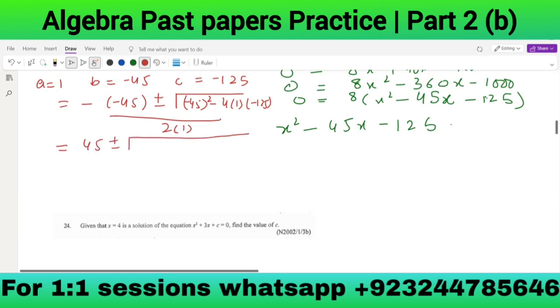Okay, so tell me the answer for this. It's 45 squared plus 4 times 125. That is 2525, divided by 2. 45 plus minus square root of 2525 is 50.24.